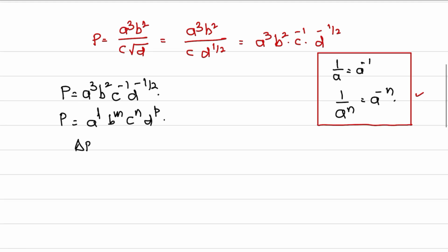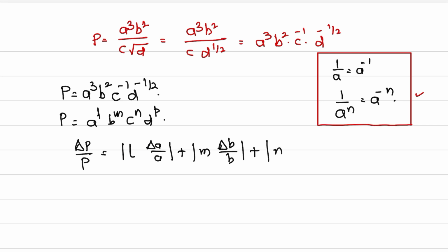Now, delta P by P is equal to absolute value of L into delta A by A plus absolute value of M into delta B by B plus absolute value of N into delta C by C plus absolute value of P into delta D by D. We have all the values A, B, C, D, their percentages.